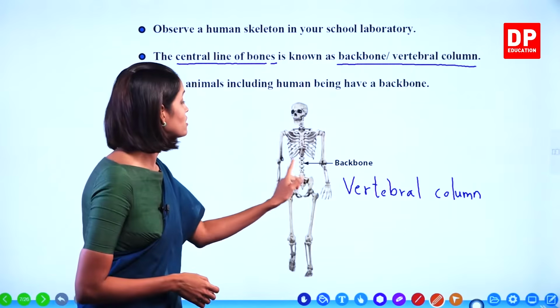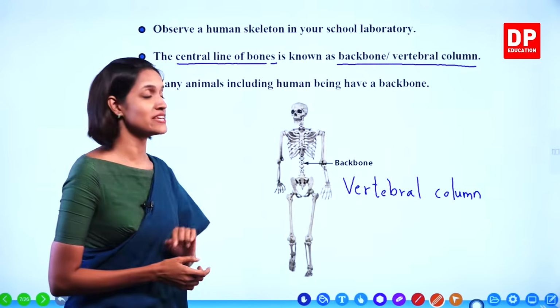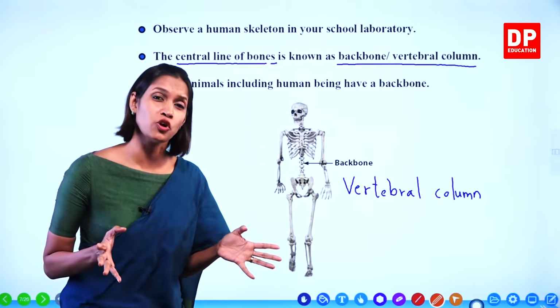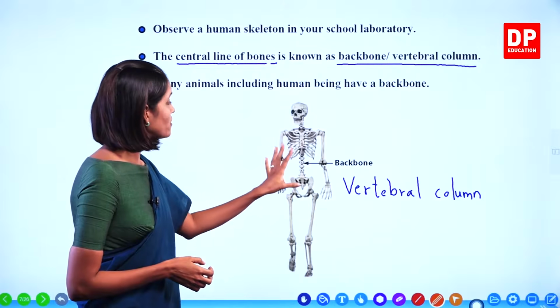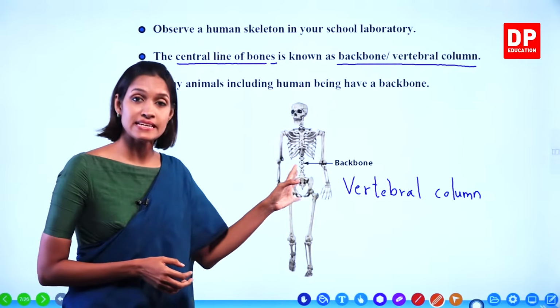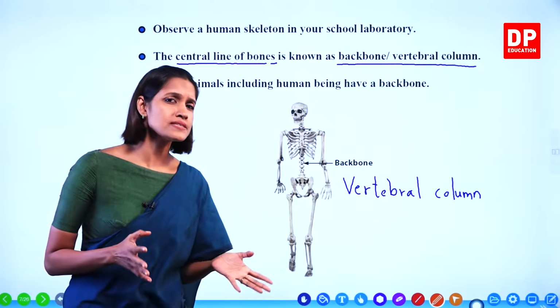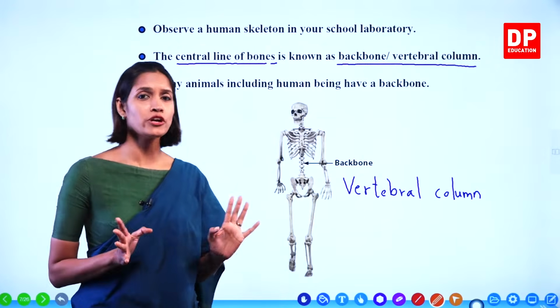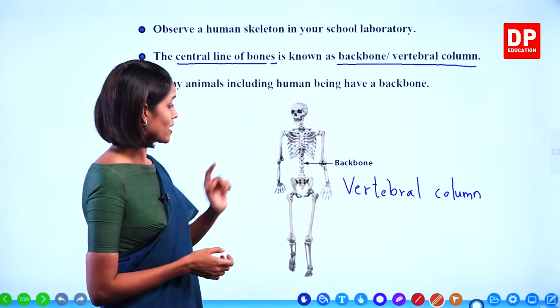It is made out of tiny bones called vertebra, and that is why it is known as the vertebral column. The common name is backbone. So remember, children, most of the animals have this skeletal system or skeleton including the backbone. But there are some animals without the backbone as well. So we will see what are the animals with this type of backbone now.